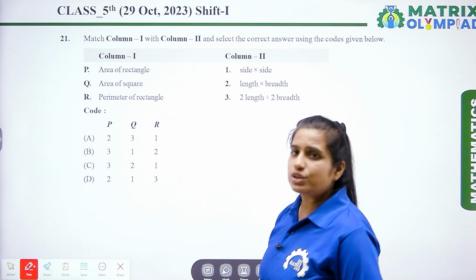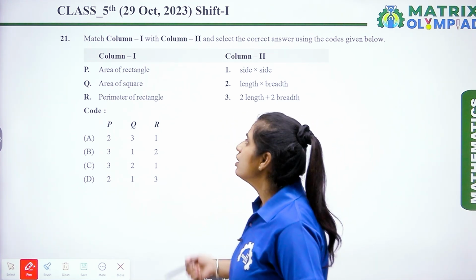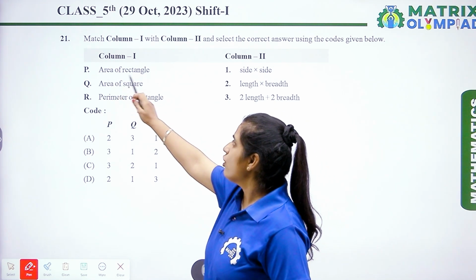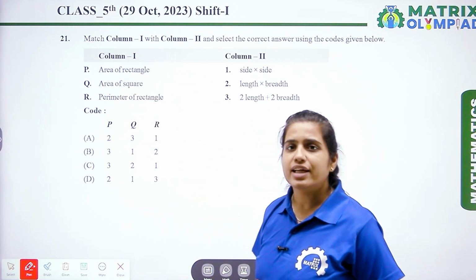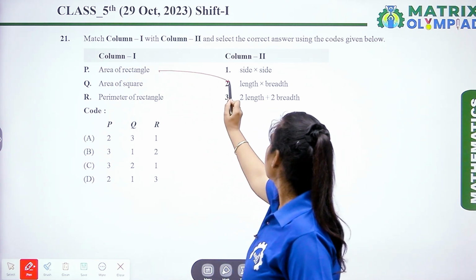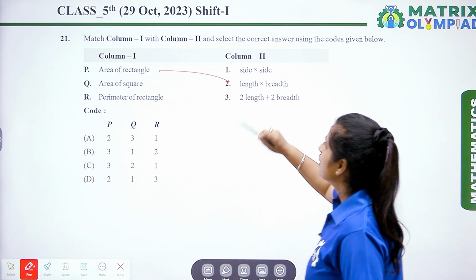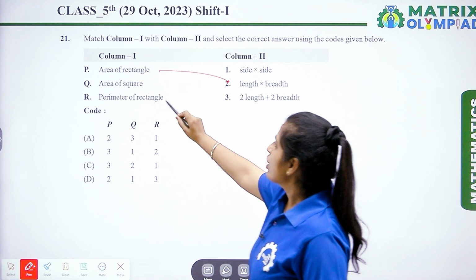Now the next question is question number 21. We have to match the column. Here first one is area of rectangle. So area of rectangle is length multiplied by breadth. Here length multiplied by breadth is the second one. Next one is area of a square.